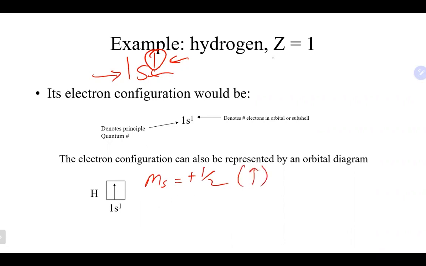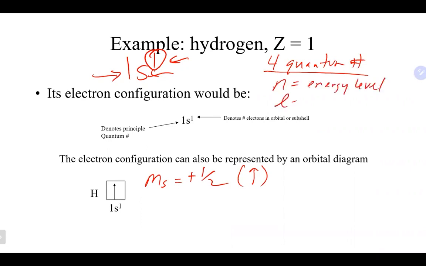There are actually 4 quantum numbers. We don't get into too much of it here, but we saw n, which is really our energy level. There's L, which is really the orbital that the electrons are in. M sub L is how many of the orbitals there are.